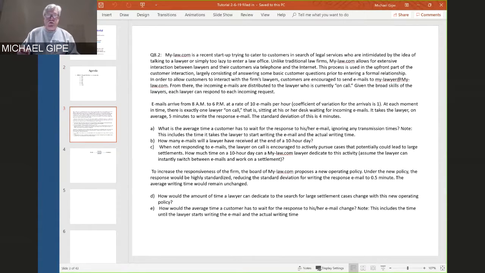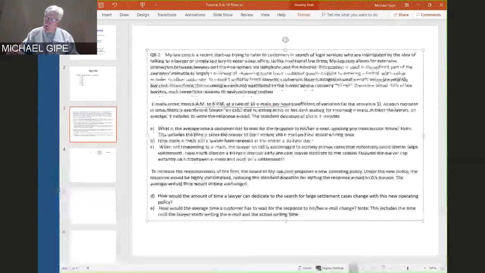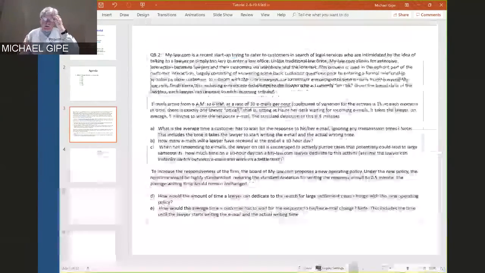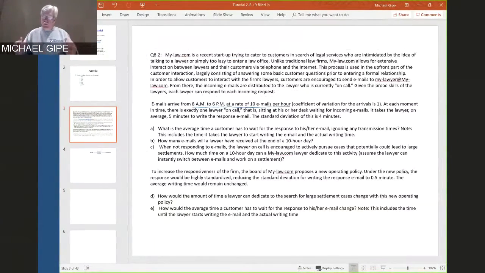Now we get to some of the nitty-gritty here. Emails arrive from 8 a.m. to 6 p.m. at a rate of 10 emails per hour, with a coefficient of variation for the arrivals of 1. So this is like a Poisson distribution, or your normal arrival rate.